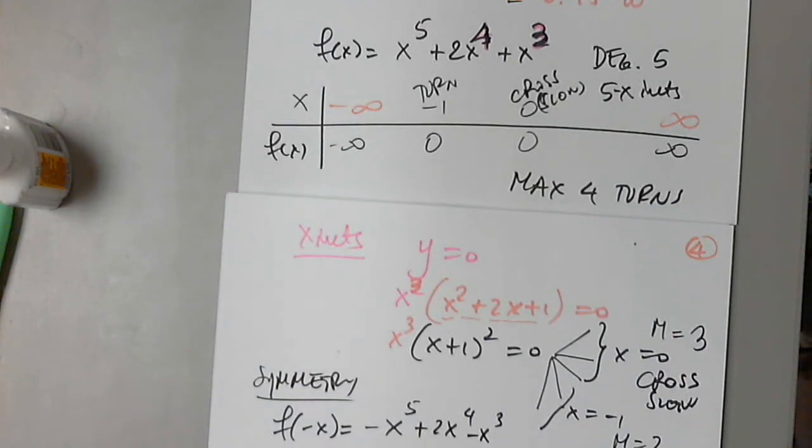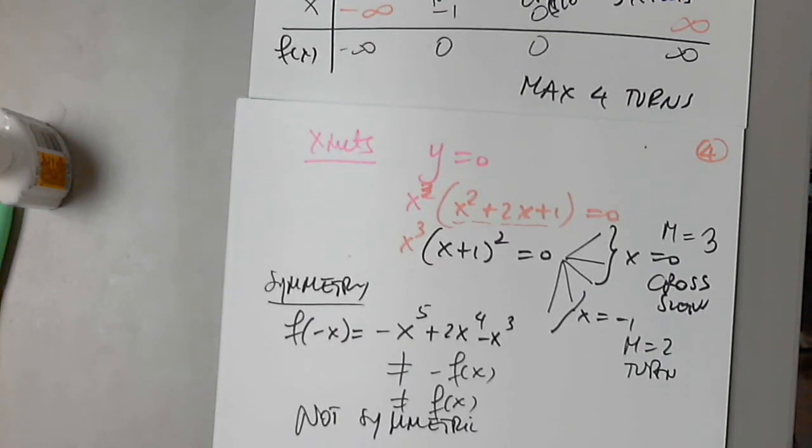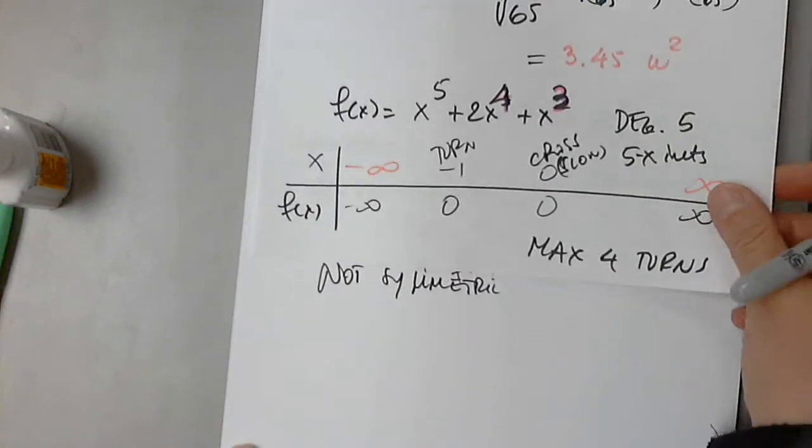Do you think that this function with a turn at -1 and a cross at 0 can be symmetric? No. No, of course not. So this does not equal negative f of x, and it does not equal f of x. It's not symmetric. The function is not symmetric. That's all I need. I'm done.